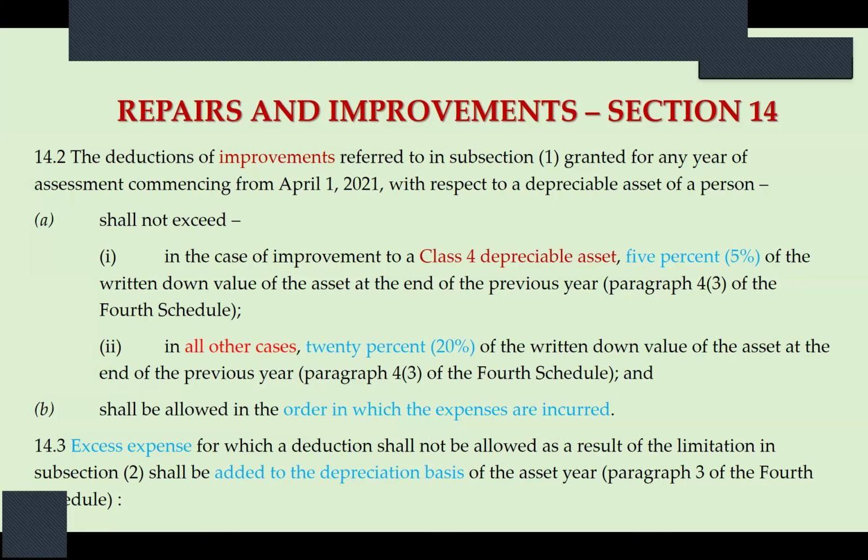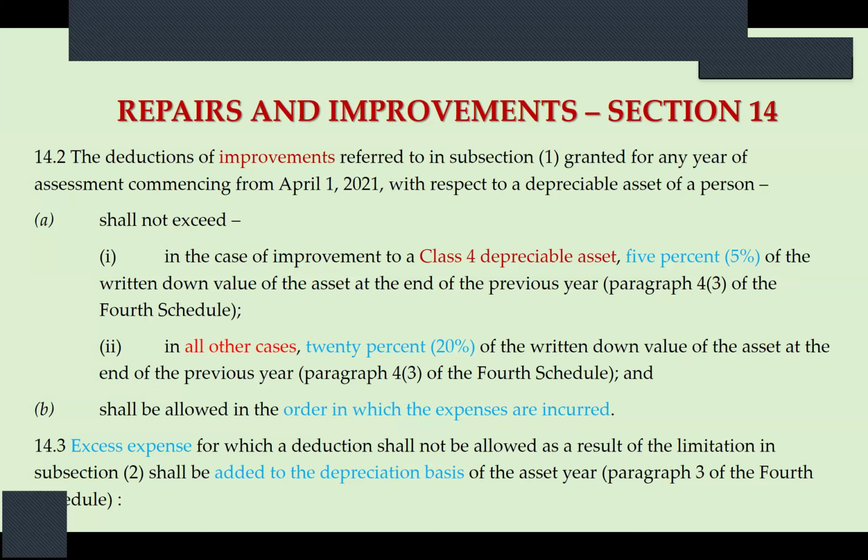So under class 4, a building is classified. Then if that repair or improvement is done for the building, then the value should be multiplied by 5% to calculate the allowable value.